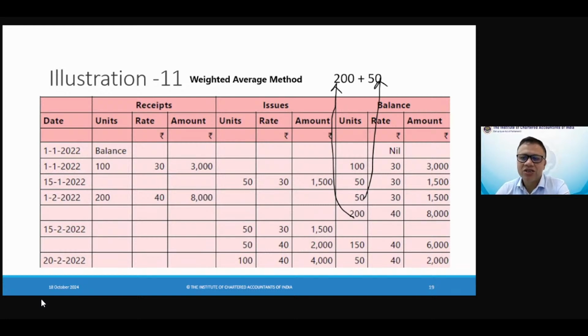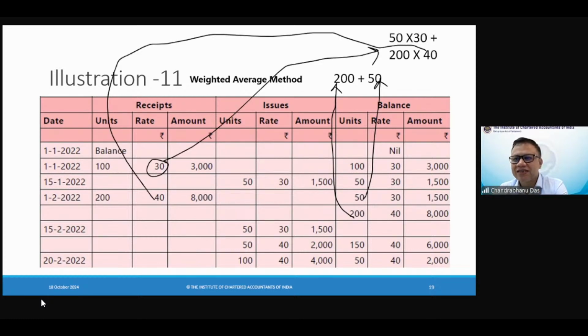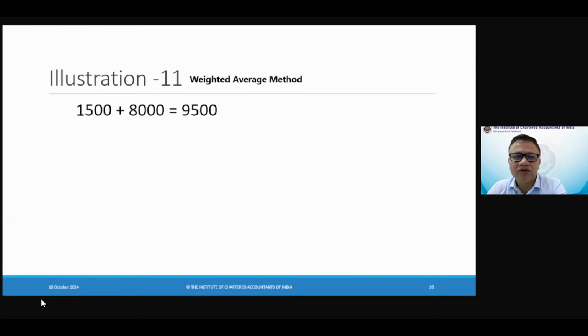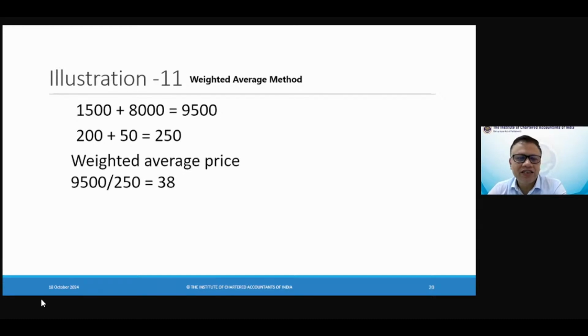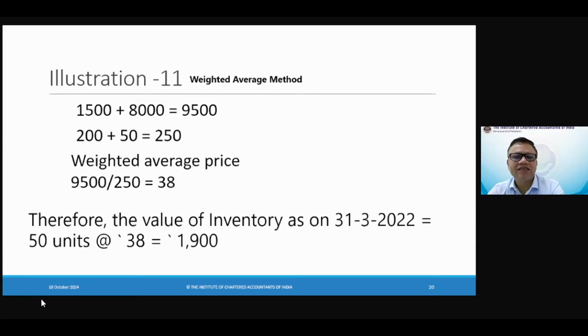So the number of units with you is 200 plus 50, and you add them. The prices are 30 rupees and 40 rupees, so you add 50 into 30 plus 200 into 40, and then divide. So 1500 plus 8,000 is 9,500, and 200 plus 50 is 250. Weighted average price becomes 38 because it is weighted according to the lots. Your value of inventory is now 50 units at 38 rupees, 1900 rupees.